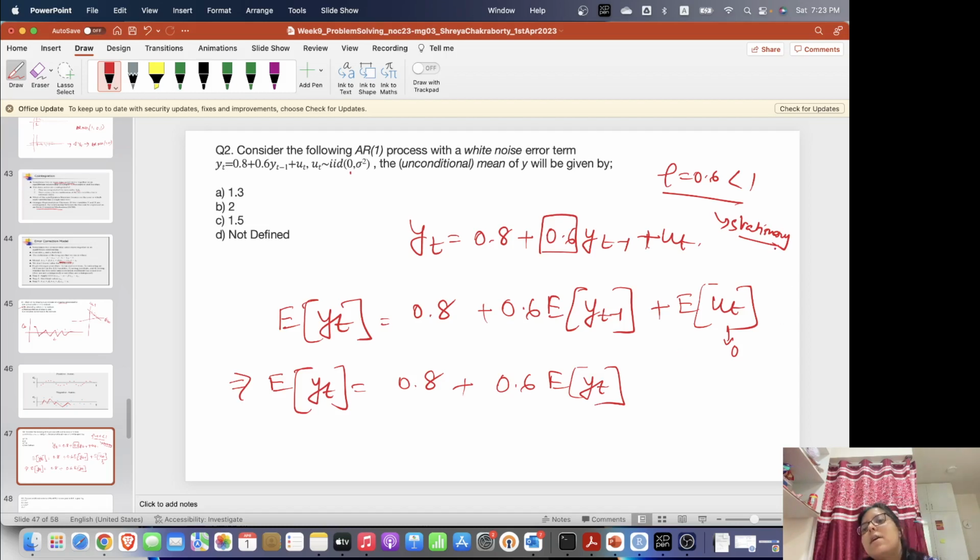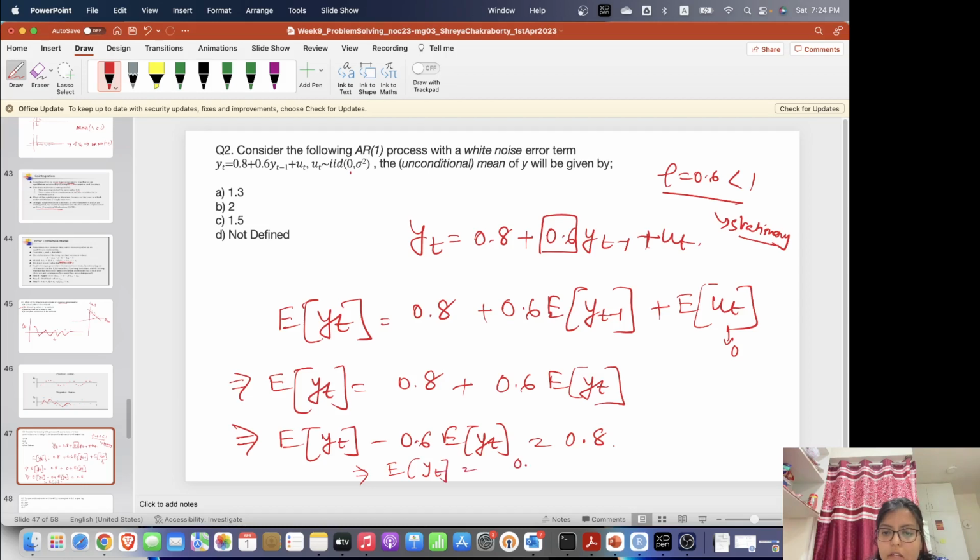Because stationarity means that the mean will remain constant over time. So the mean of this series yt and mean of yt minus 1, both of them will remain the same. Okay, so if we move this one to that side, then expectation of yt would be 0.8 divided by 1 minus 0.6, 0.8 by 0.4, which is 2.